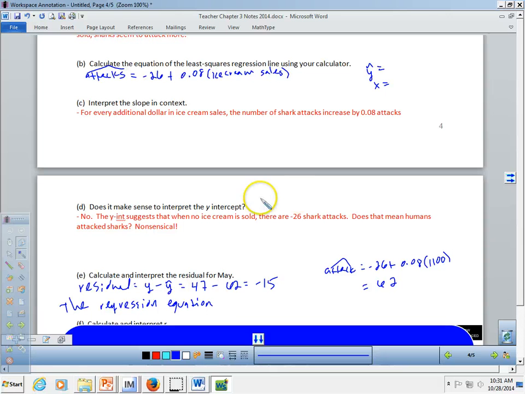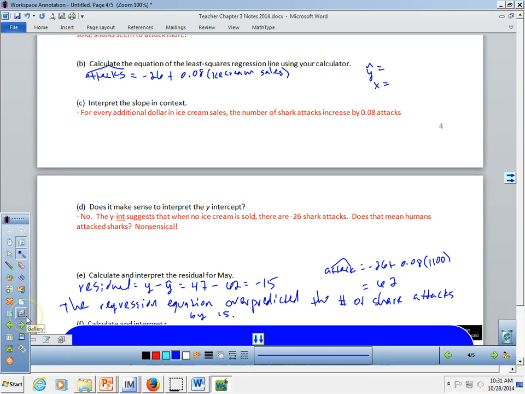So that means that the regression equation over predicted the number of shark attacks by 15, or 15 attacks. Since we said shark attacks already, then we're okay there. Okay? And so that's how you want to interpret a residual.